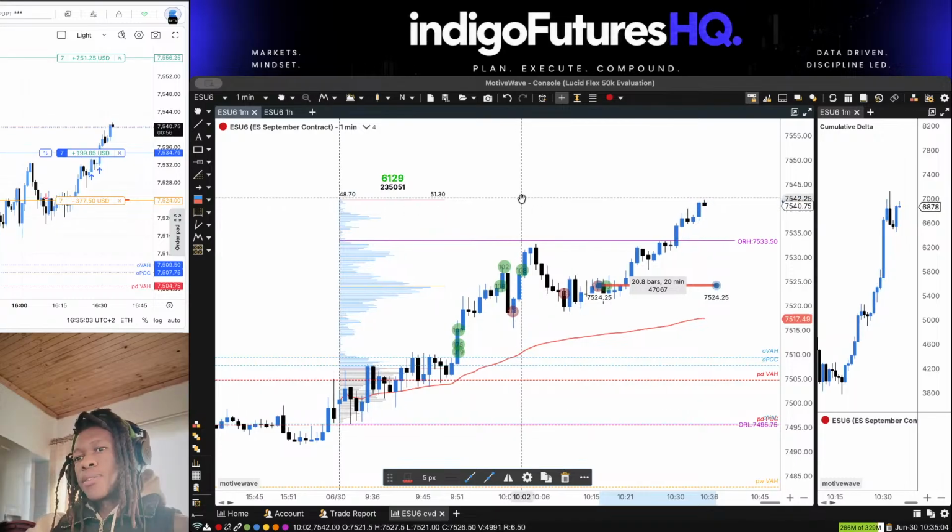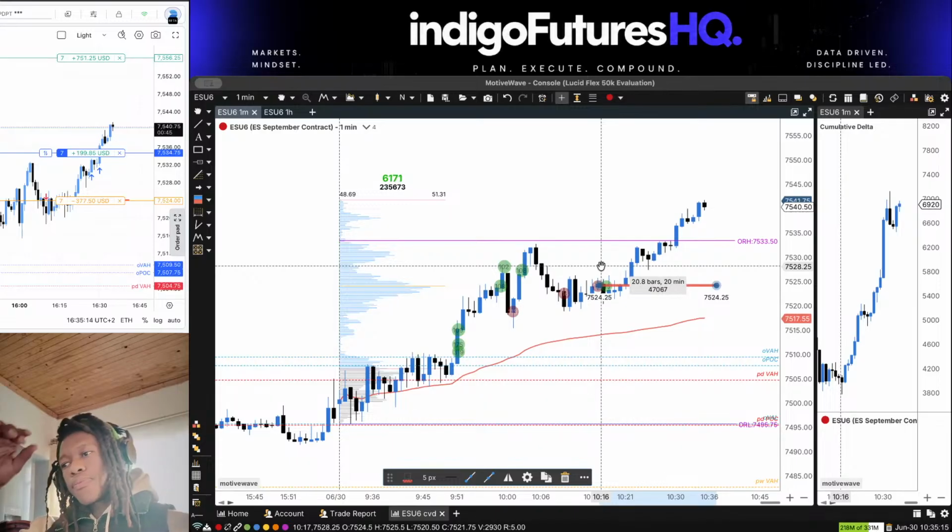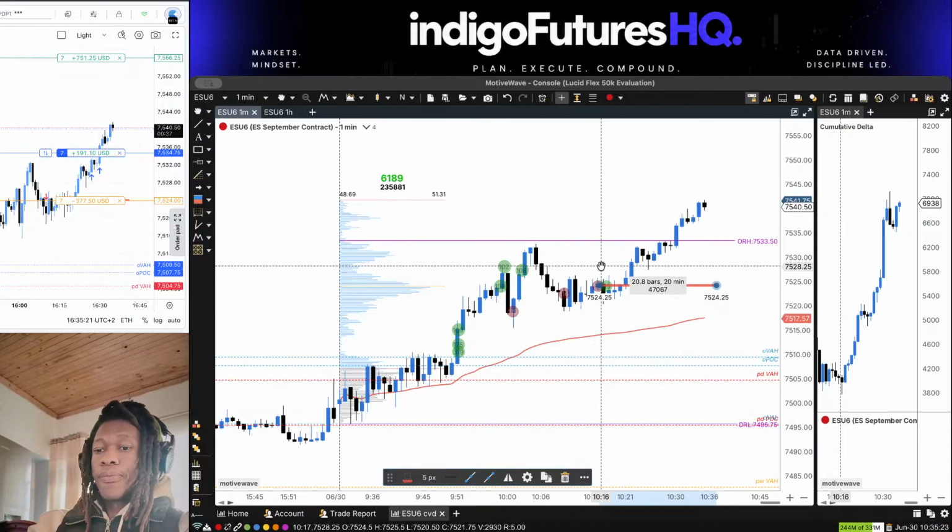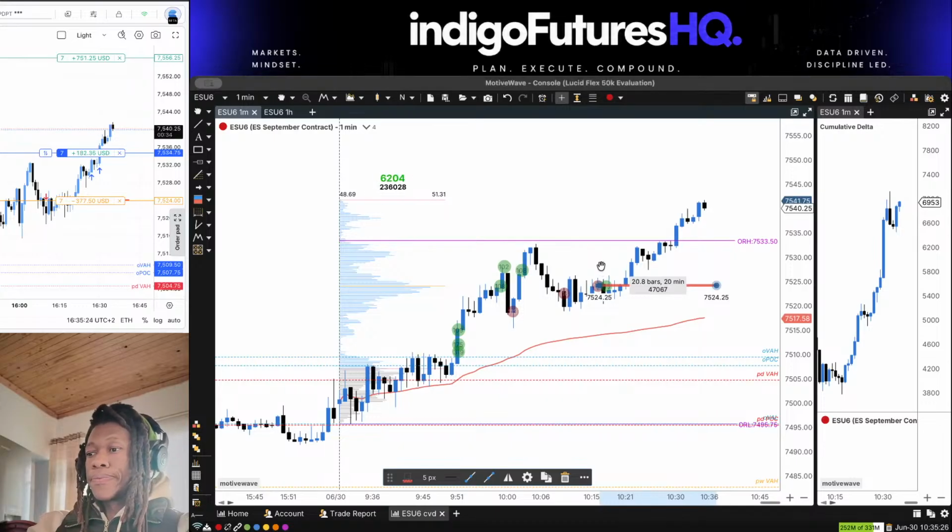It's moved higher now. Just need to sit tight and trust the data.